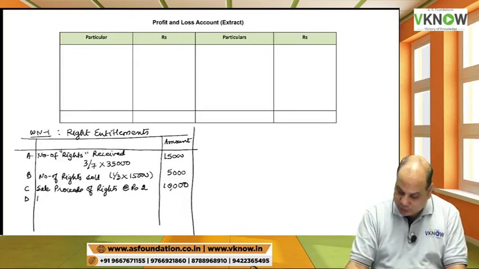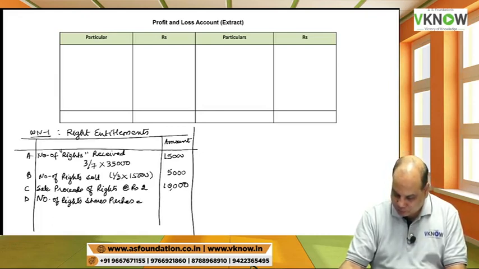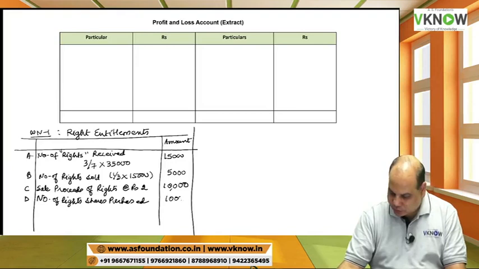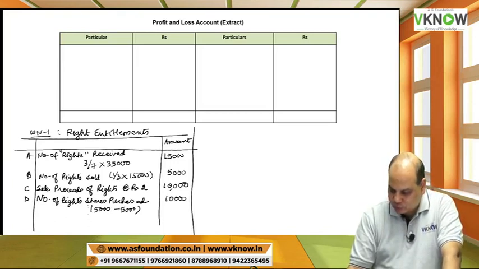Point number D. Number of rights shares purchased. 10,000. 15,000 minus 5,000 sold.